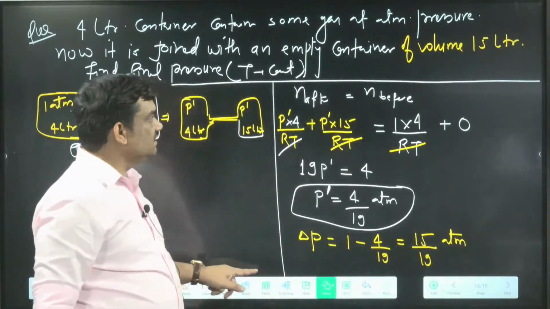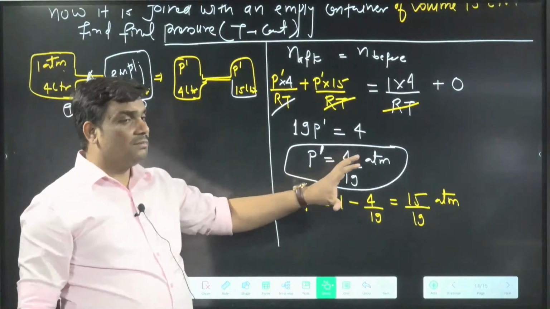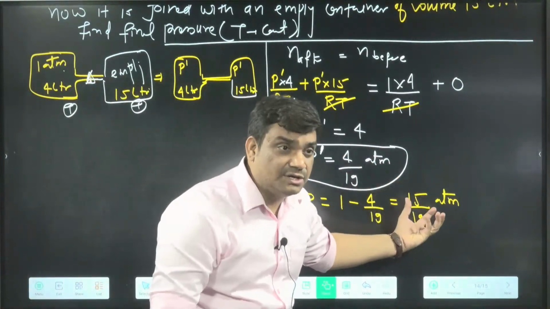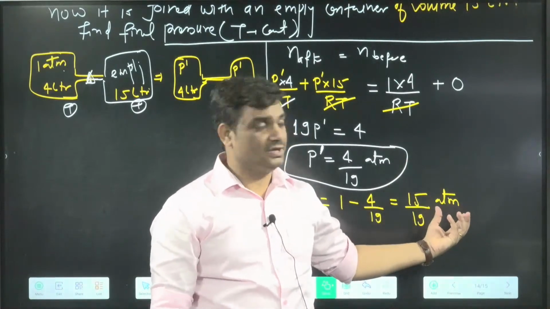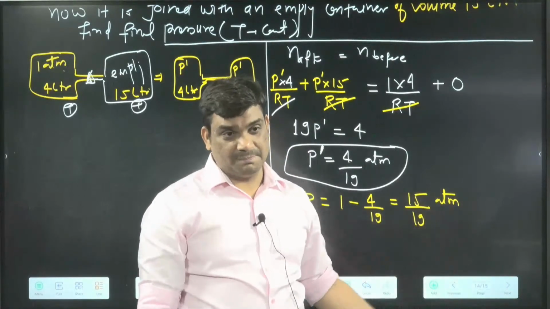They might ask this change in Pascal. If they ask for the change in Pascal, then we write 15 by 19 into 10 power 5, which will be in Pascal.